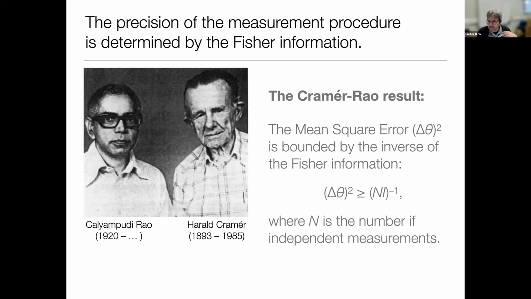And also, the more times you repeat your measurement, the more information you get. And if the measurements are independent of each other, then the information is additive. So you just add more information. And as a result, your variance, your mean square error, reduces according to this formula here.